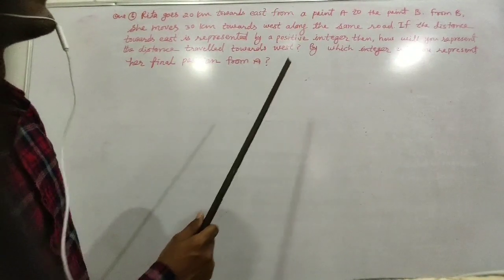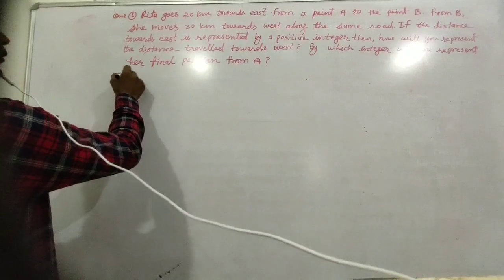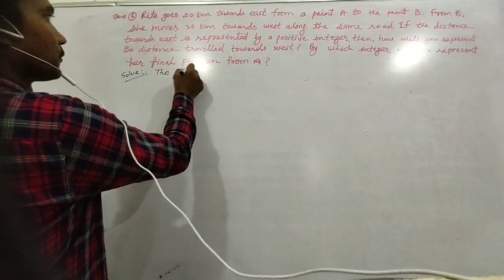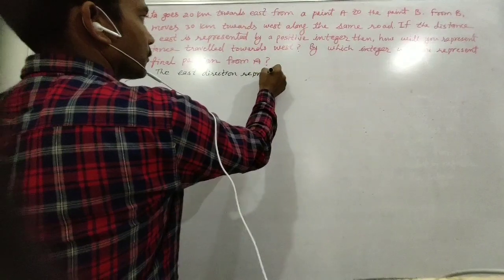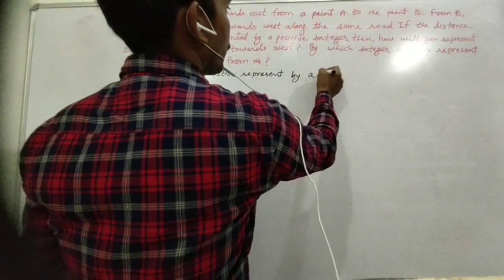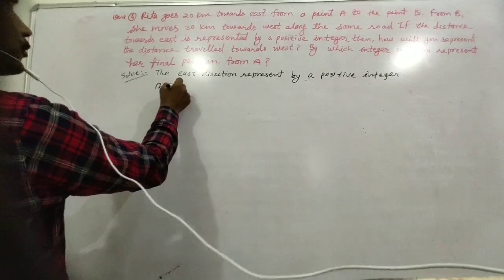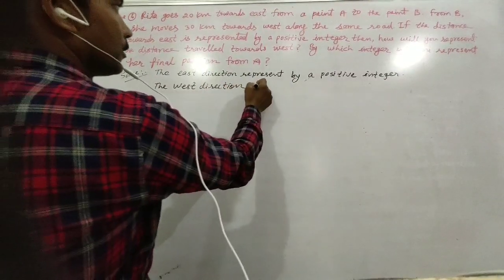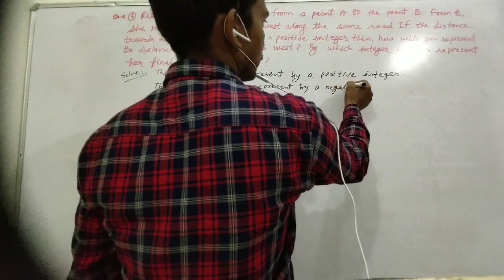In this question, the east direction is represented by a positive integer, and the west direction is represented by a negative integer.